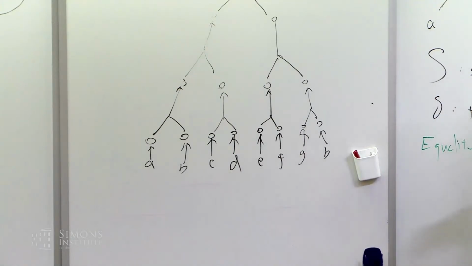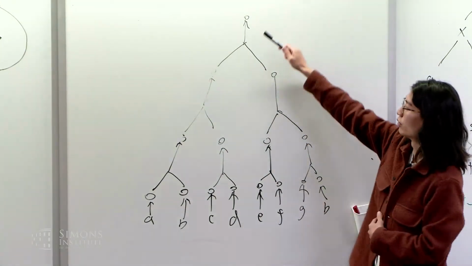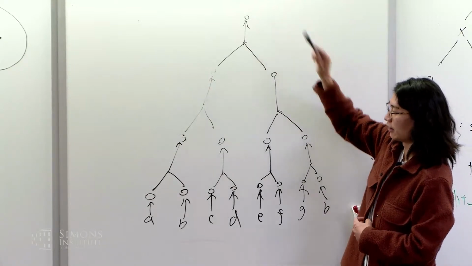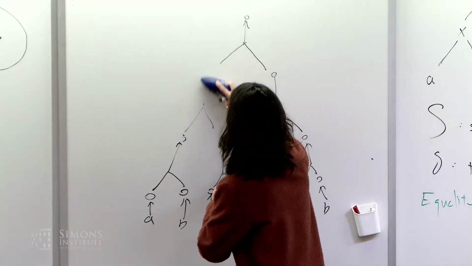So now we have a tree automaton, and then the intuition is kind of the same, right? So if we want to find, actually this is still not very interesting because we don't have sharing yet. So let me point this to here.